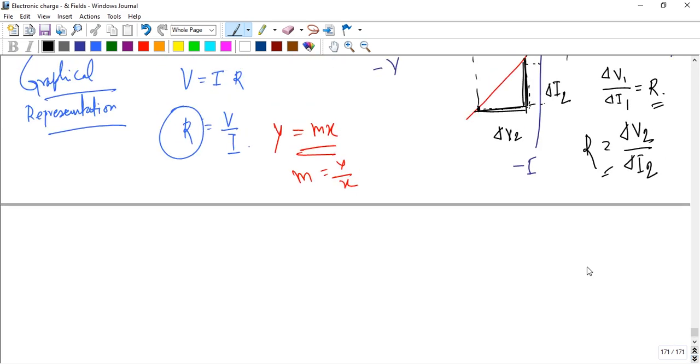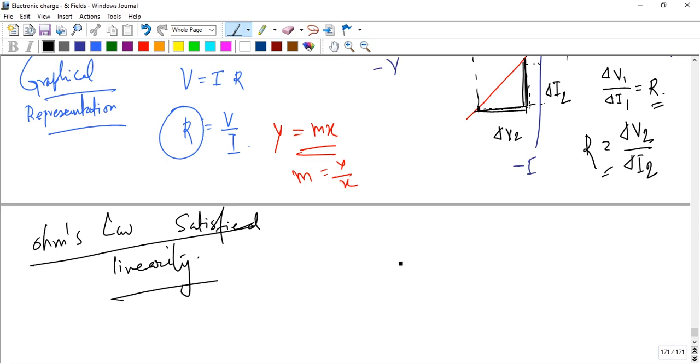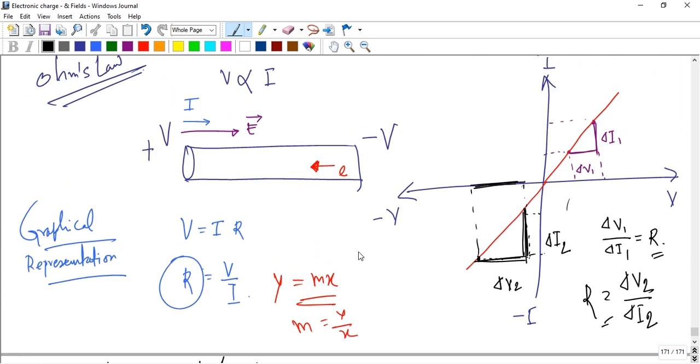So Ohm's law satisfies linearity. It means that if you choose more potential difference, then more free charge carriers move from one end of the conductor to the other.